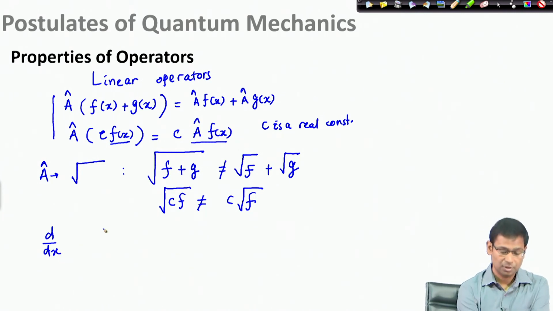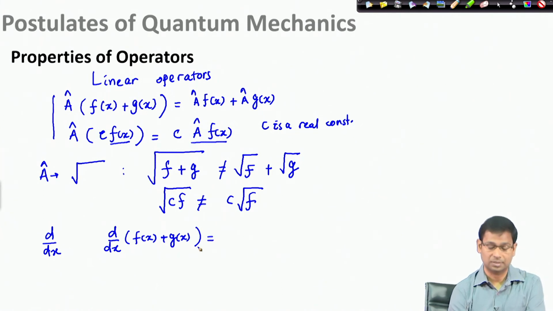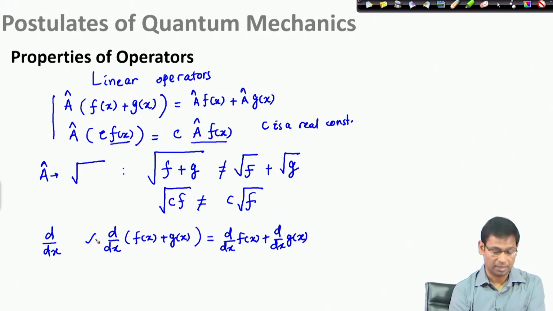Let us find out. Suppose we check the first condition, d by dx acts on f of x plus g of x. We know from our knowledge in calculus that we can write the derivative of the sum as the sum of the derivatives. So the first criterion is met, this equality holds good.